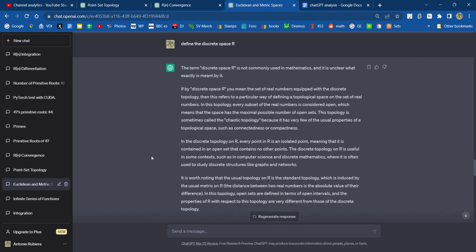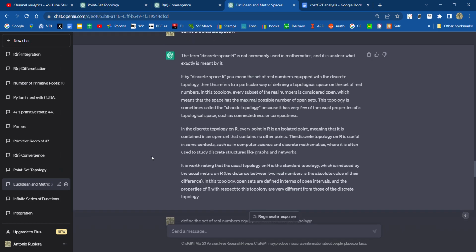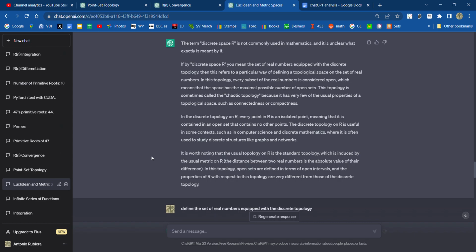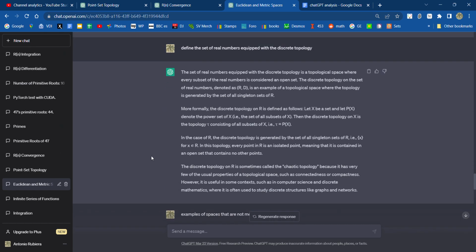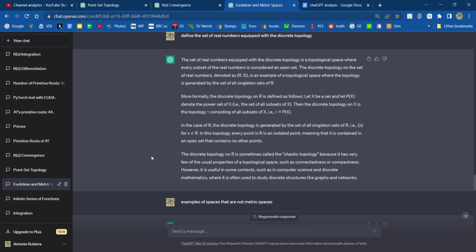I should have asked about the discrete topology instead of the discrete space, where every point is an isolated point. Set of real numbers equipped with discrete topology. A better question, I guess. That goes through it. Chaotic topology.